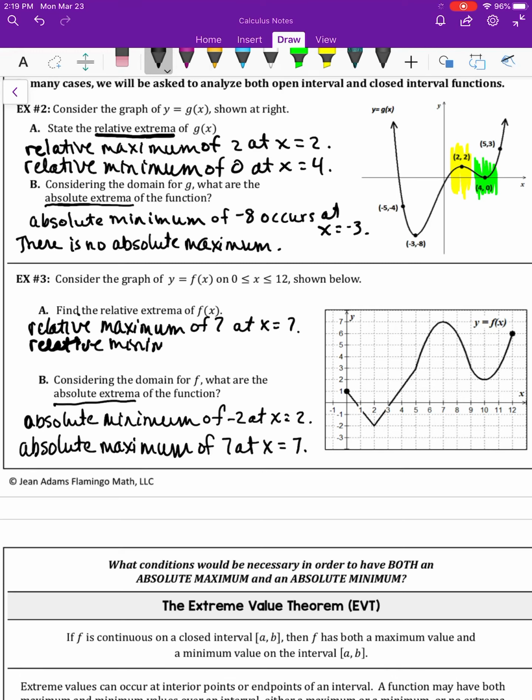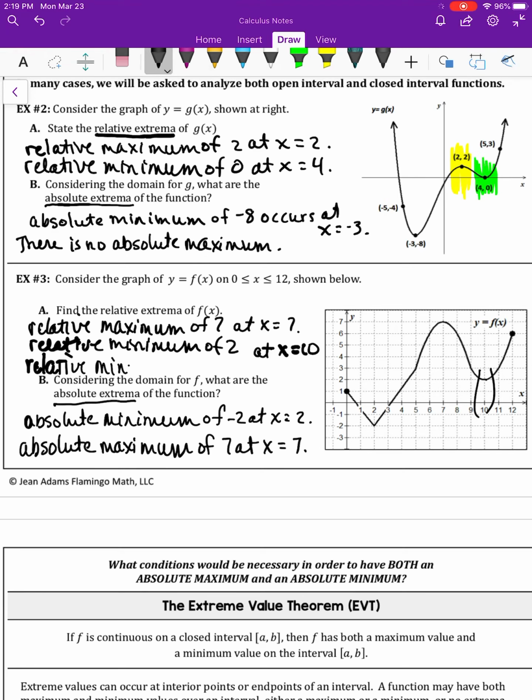We've got a relative minimum of 2 at x equals 10, because here's the minimum value in the neighborhood.